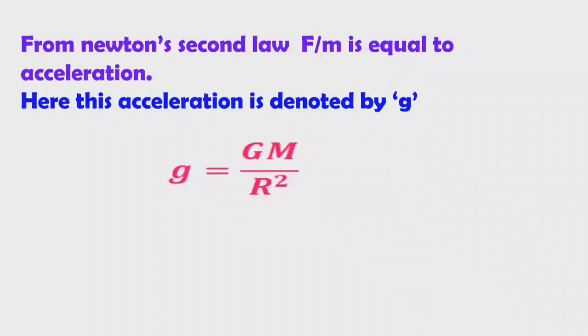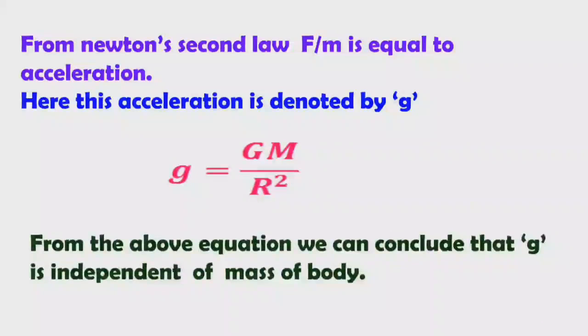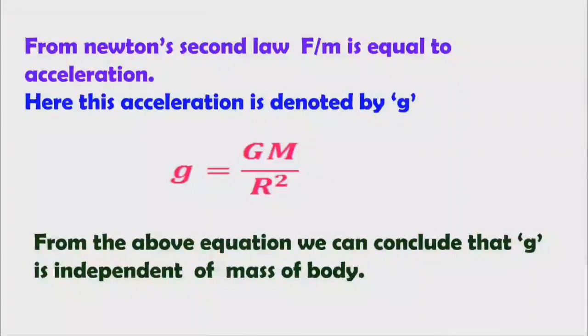So what is the formula for small g? Free fall acceleration g = GM/R². G is the universal gravitational constant, M is the mass of the earth, and R is the radius of the earth. From the above equation, we can conclude that small g is independent of the mass of the body.